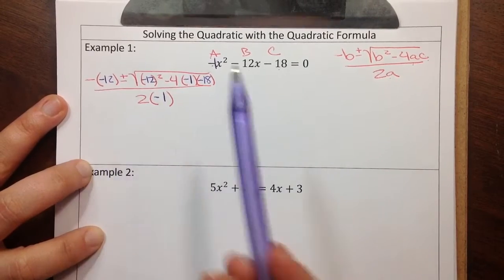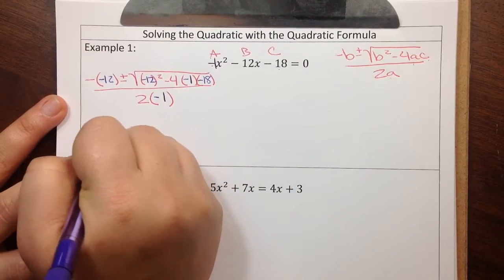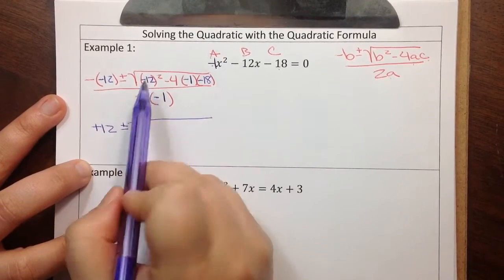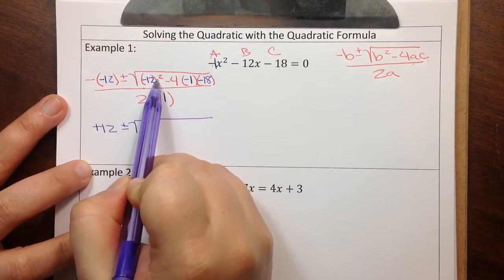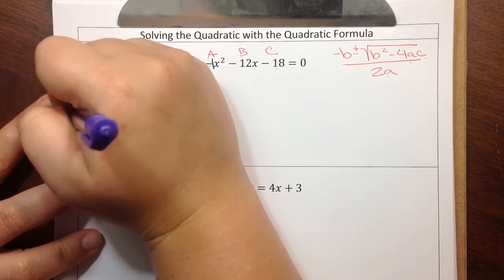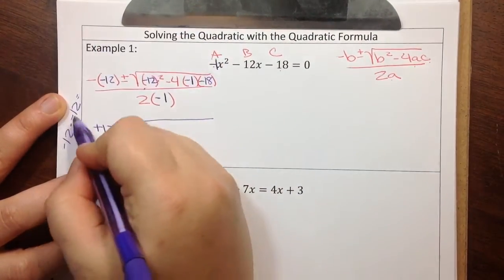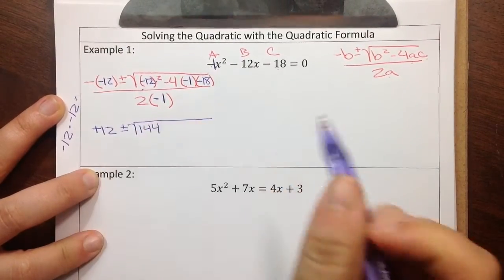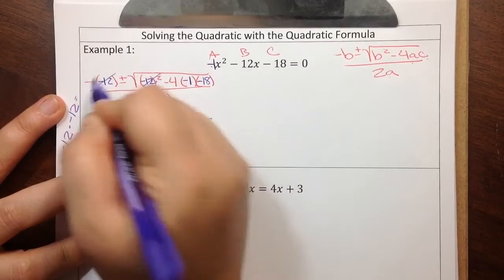Two negatives make a positive 12, plus or minus the square root. Negative 12 squared is saying negative 12 times negative 12. Two negatives make a positive, and 12 times 12 is 144. Okay, so we did that.